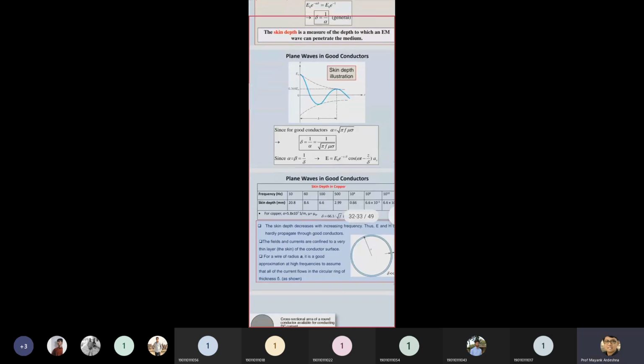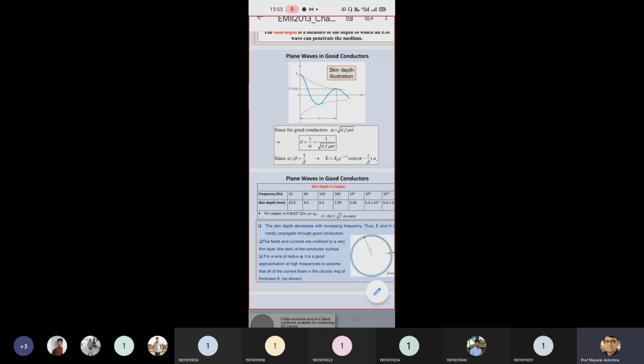Now, if you see the equation of delta, which parameters does it depend on? First of all, frequency. Second is the magnetic property, and third is the electrical property, which is nothing but your conductivity. So your depth of penetration depends upon three parameters: frequency, mu, as well as conductivity.